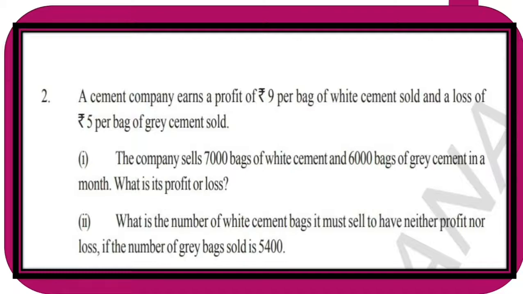And on 6,000 bags of grey cement they get loss, so we have to calculate the loss amount for these 6,000 bags. After that, profit amount and loss amount both we have to add to get the profit or loss. Here profit we indicate with plus and loss amount with minus.